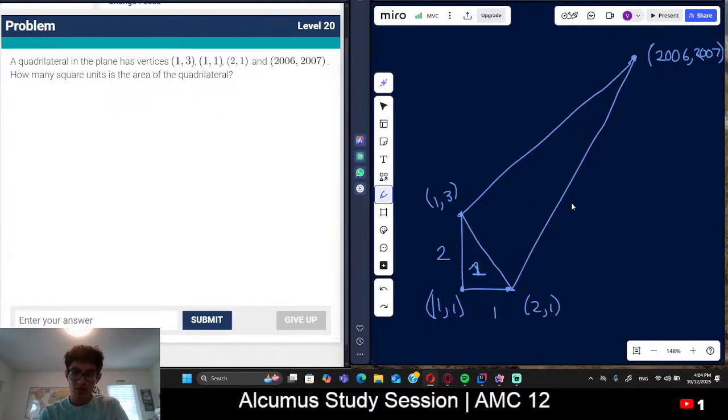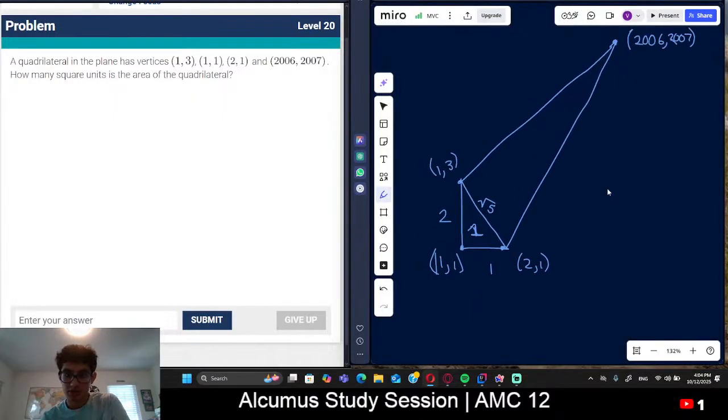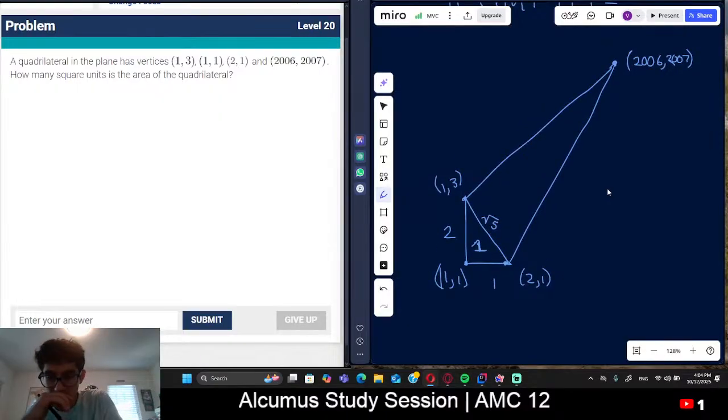Obviously, no slopes here are perpendicular. That leaves us with figuring out, okay, well, this distance at least is easy, right? This is just going to be √5. What is the distance from that to this going to be? No, wait, I don't think I'm doing this well. We can draw a line down from there. How do you find the distance between a point and a line?